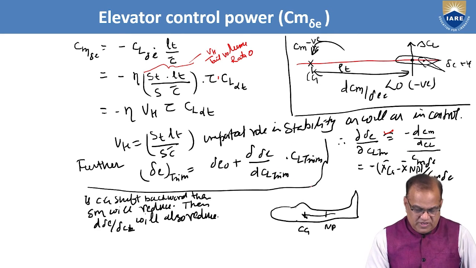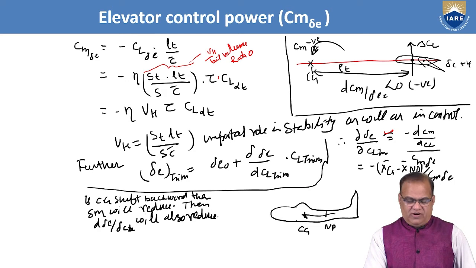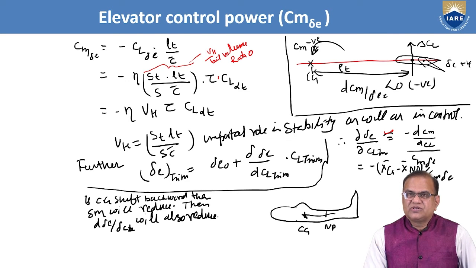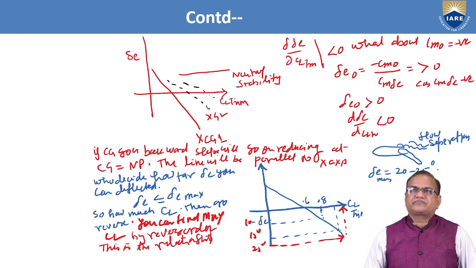If the CG shifts backward, then the static margin will be reduced, then d delta E by dCl will also be reduced. So this is the effect of the elevator.